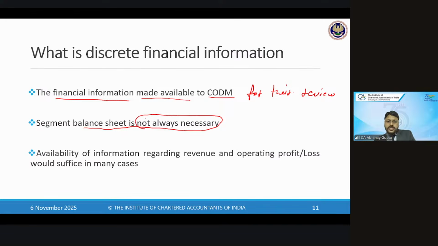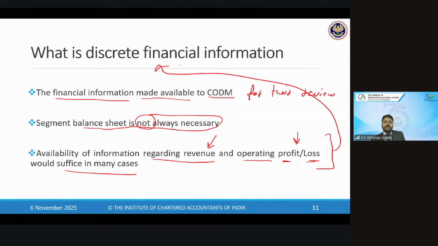Even if the balance sheet is not available for a particular segment, it is still regarded as discrete financial information being available. But availability of information regarding revenue and operating profit or loss would suffice in many cases.